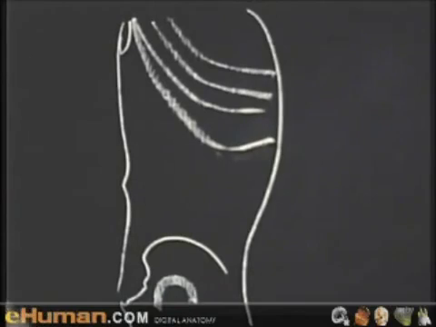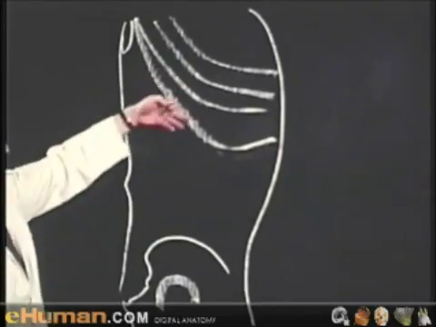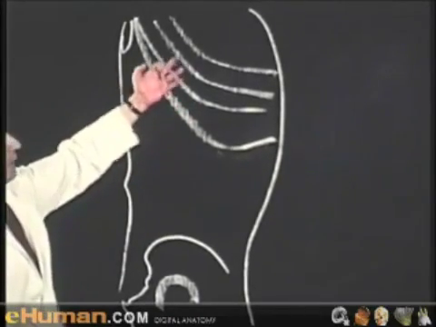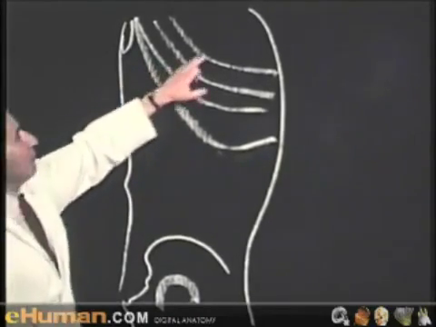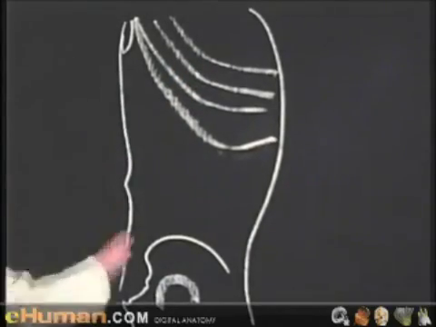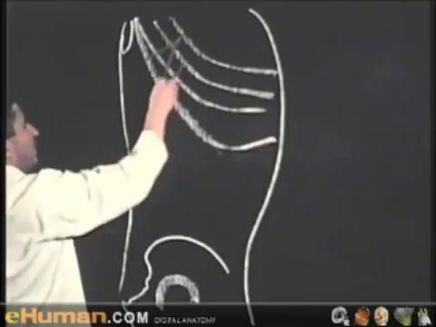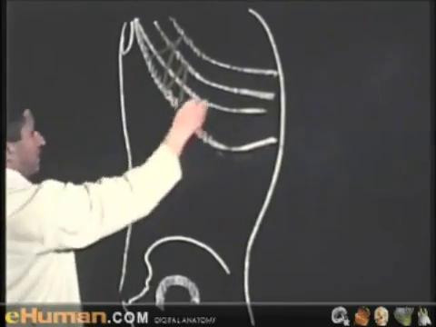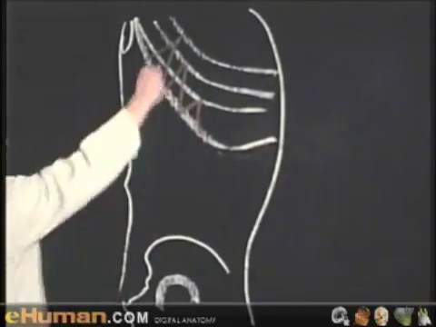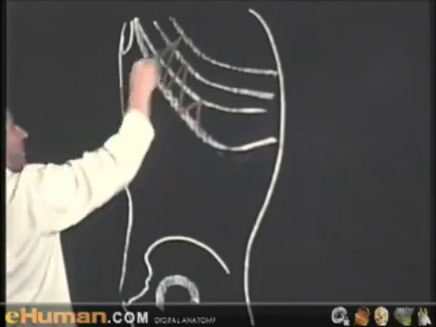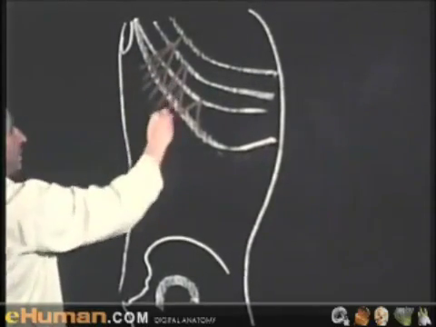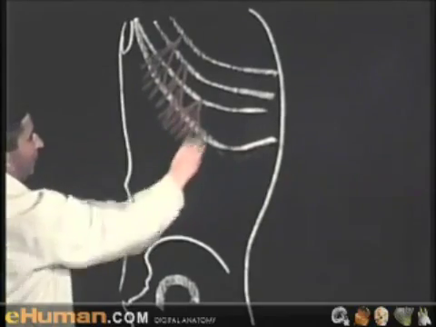Now, the external oblique muscle of the abdomen arises from the outer surface of the lower 8 ribs, the fibers interdigitating with those of the serratus anterior. And so we have an arrangement something like this, where the digitations come off the outer surfaces of the ribs, and the muscle fibers pass downwards and forwards into the anterior abdominal wall.